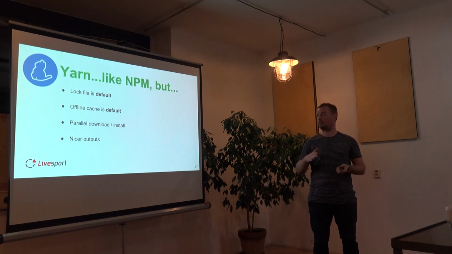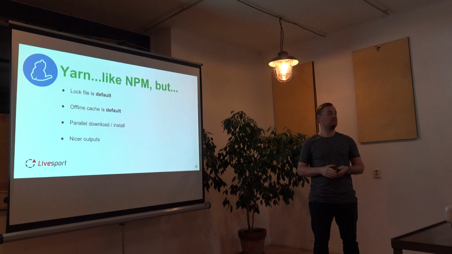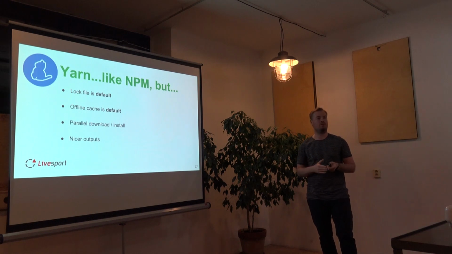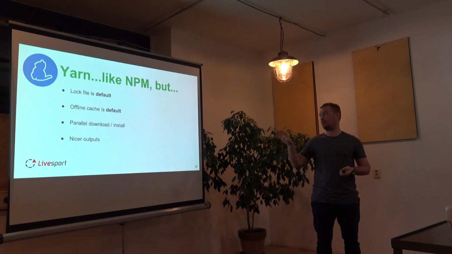Sometimes a few times faster than NPM. And what I really like about Yarn is that it just has nicer output. It's less verbose, it just tells you what you need to know. When you install an NPM package, it throws pages and pages of code at you that you just don't need to see. And Yarn is really nice with this.